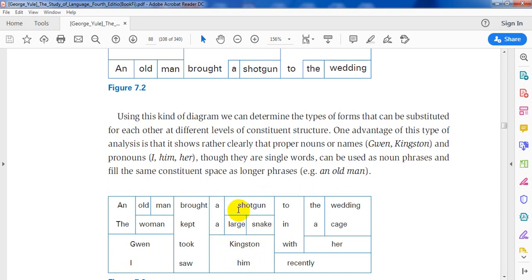Actually this is the position of the object. And here we have an adverb. Actually these are prepositional phrases, but the position can be filled also by an adverb. So I can say an old man brought a shotgun, or brought a large snake, or brought him to the wedding, or in the cage, or with her, or recently. I can use one of those.